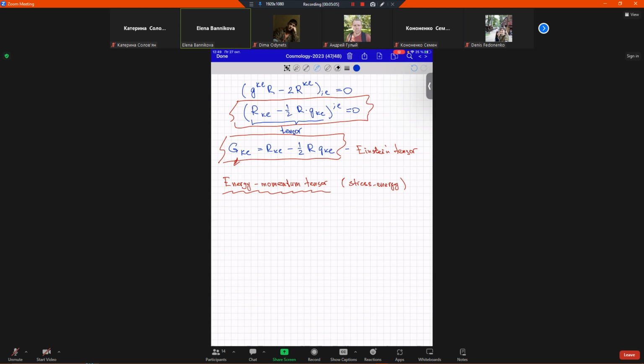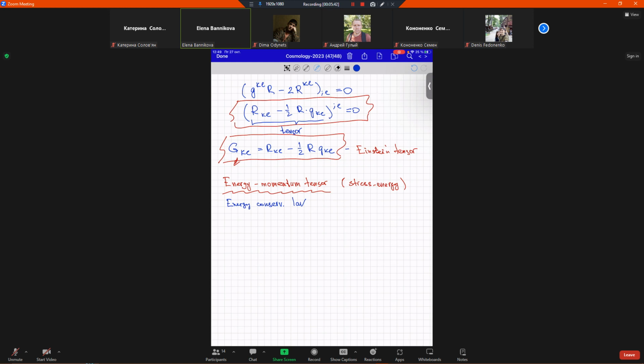For example, the energy conservation law tells us about the change of the energy in some volume, and this is the flow of the energy through the boundary of this volume.